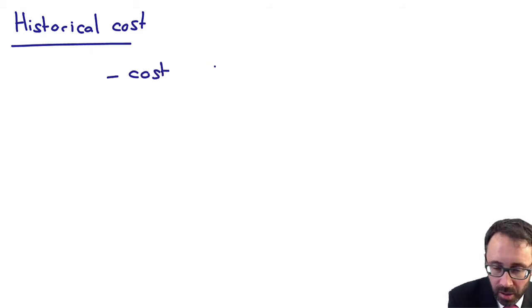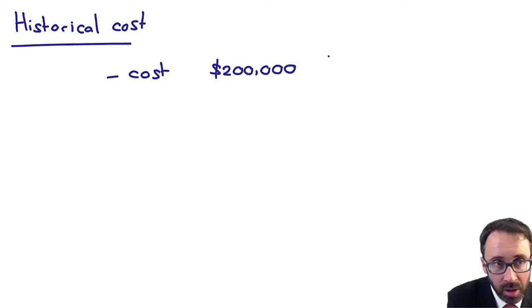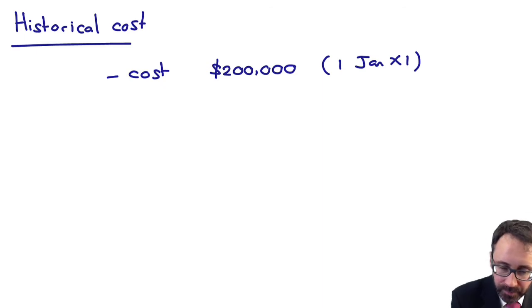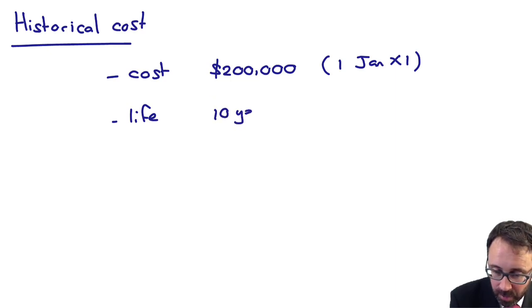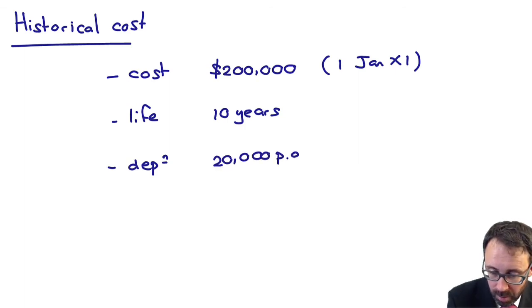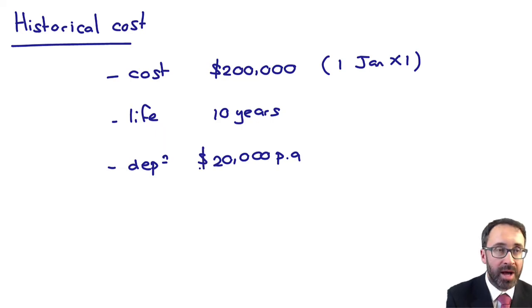So you've got your asset, it cost $200,000, and that was there on the 1st of January X1. So that is its historic cost. The life, let's just say, is 10 years. That then means the depreciation is $20,000 per annum.